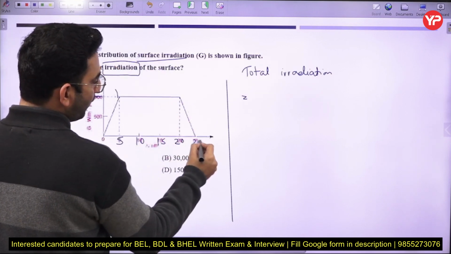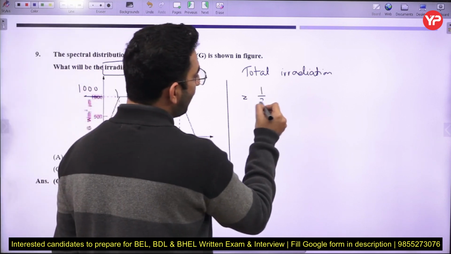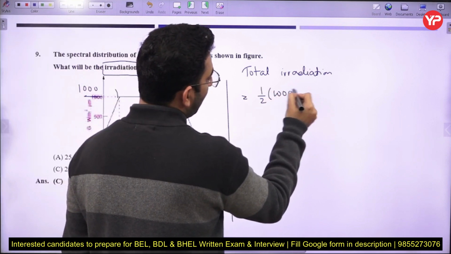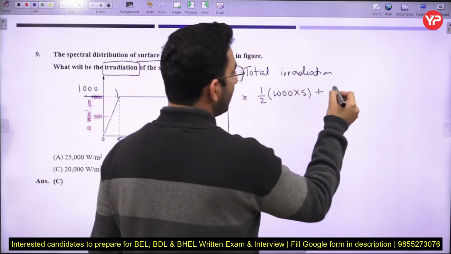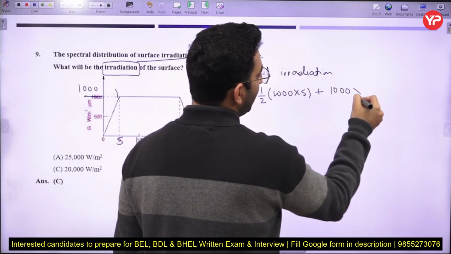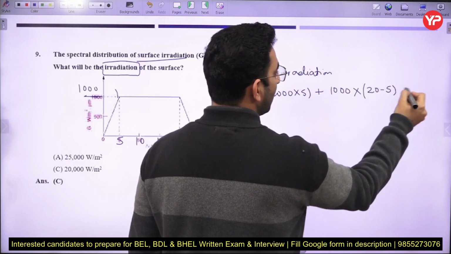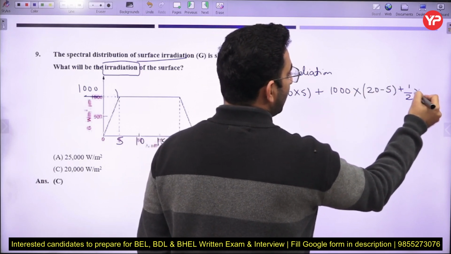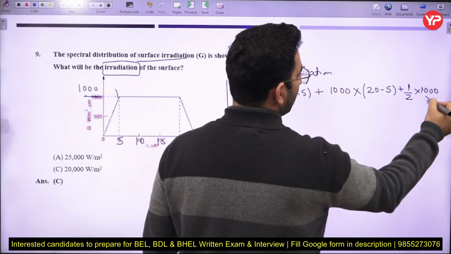Okay, and it is around 5, 10, 15, 20 and 25 here. So you can see the area of the first triangle will be half into 1000 multiplied by 5, and the area of the middle triangle will be 1000 multiplied by 20 minus 15, or 20 minus 5 here, and the area of this second triangle is around this one.